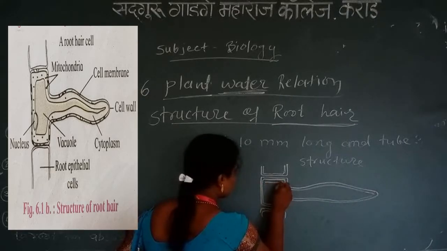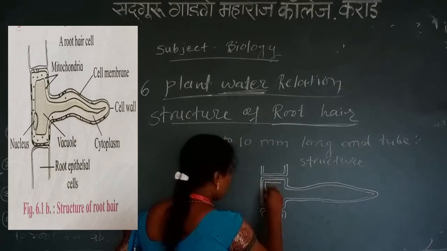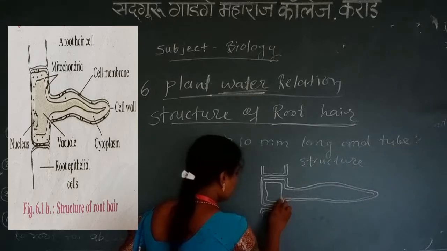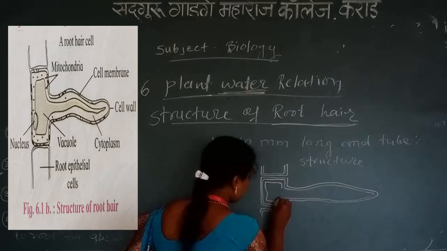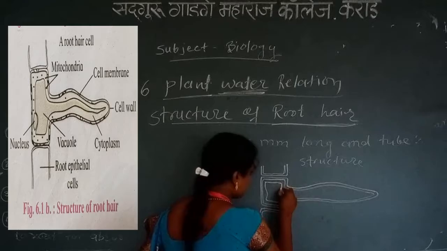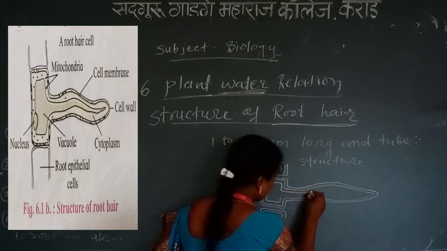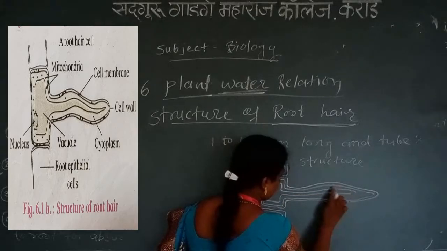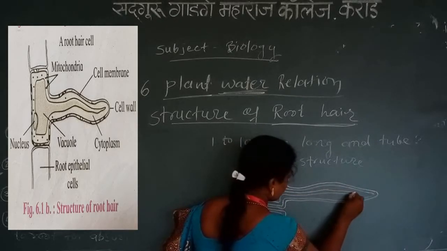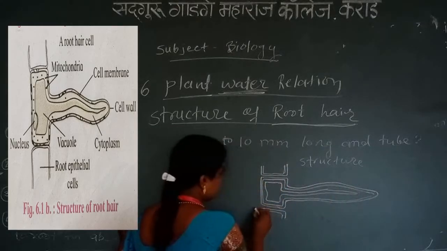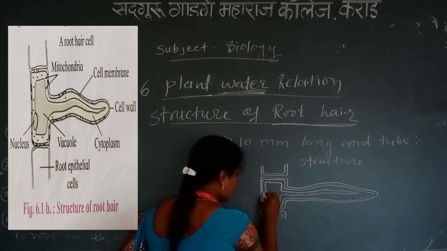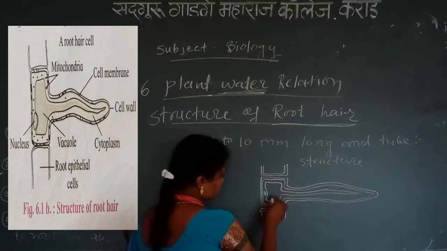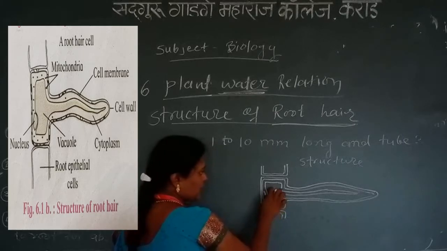Here a large vacuole is present in the center of the cell containing cell sap. The nucleus is present at the periphery of the cell. This is a large vacuole containing cell sap.